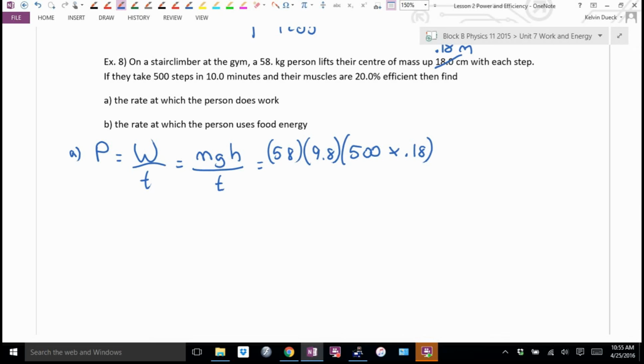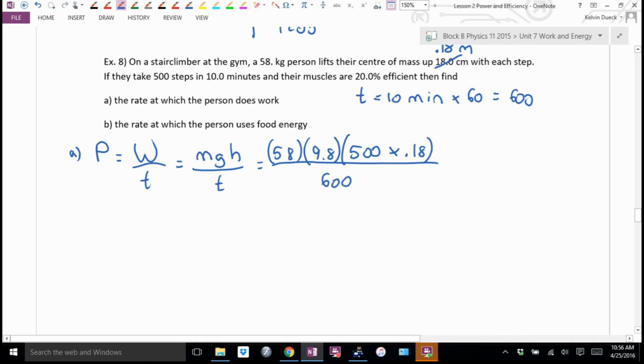And the reason I have to do that is time. Robbie, how much time? 10 minutes. I can't use minutes. 600 seconds. So I'm going to write up here T equals 10 minutes. How do I go from minutes to seconds? Times by 60. 10 times 60 is 600 seconds.